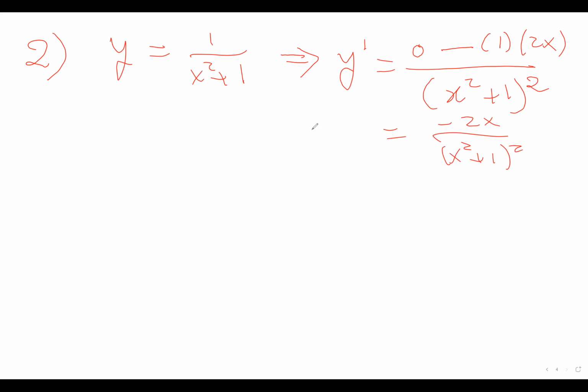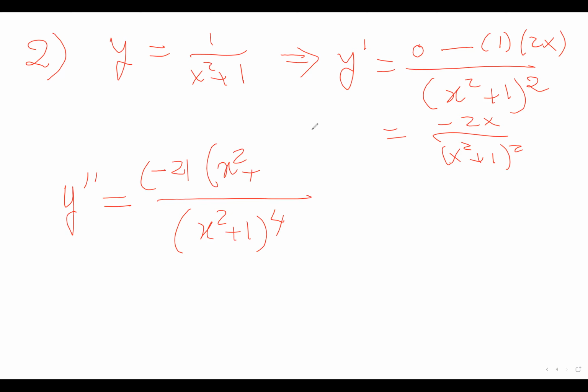Now I will go to the second derivative. So again, quotient rule. So I will have (x squared plus 1) power 4. And in the numerator, the derivative of minus 2x is equal to minus 2 times the function in the denominator as is.